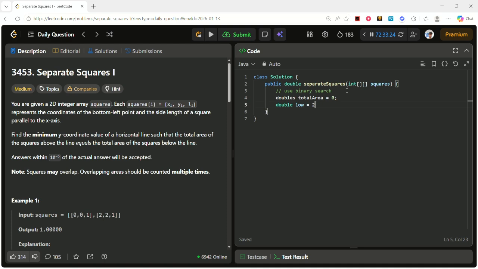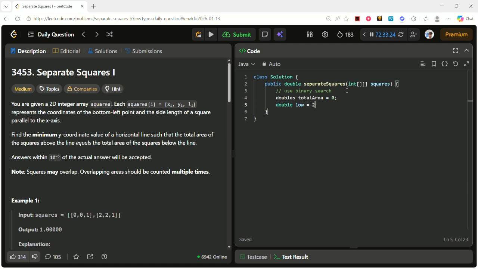If the area is greater than or equal to half the total, the line is too high, so move high down to mid. If the area is less than half the total, the line is too low. After that, step 3, calculating area for each square: check its relation to the line y, and if fully below, add the square. The time complexity is big O of n into k.